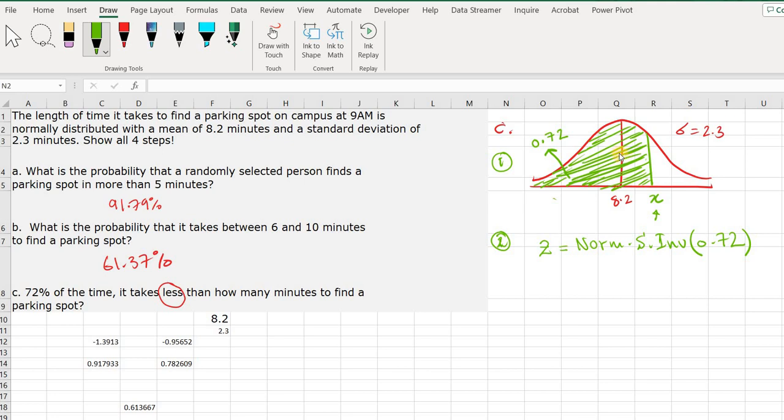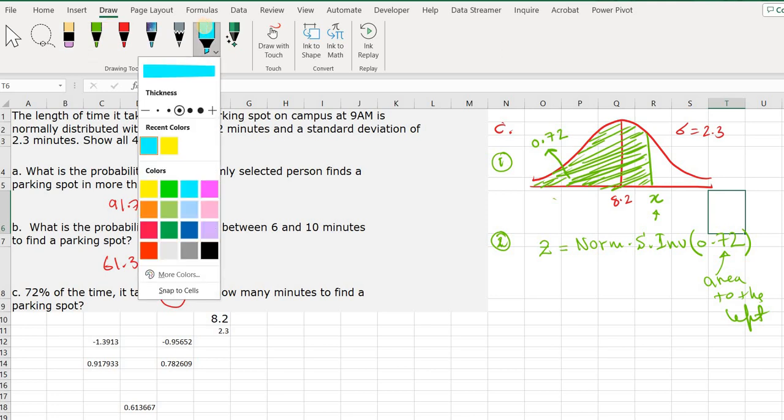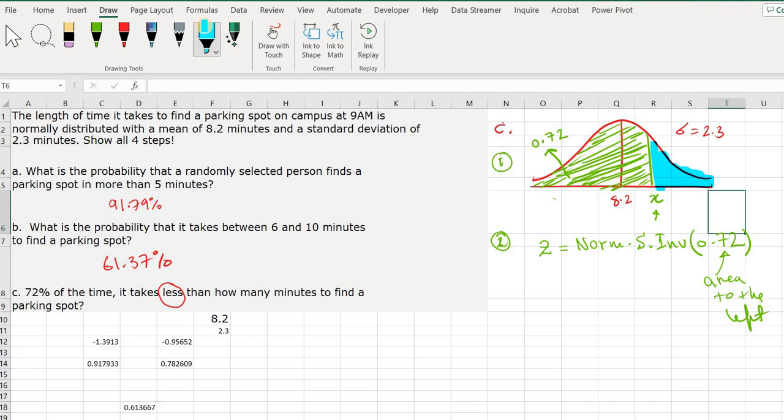Notice since I'm using the area to the left of the missing number, I don't need to change this number, because that number is supposed to be the area to the left always. If I don't have that area and instead I have the area to the right, this one that I'm going to highlight now, then you must first find the area to the left by saying 1 minus the area to the right, and then you're going to plug it into this formula.